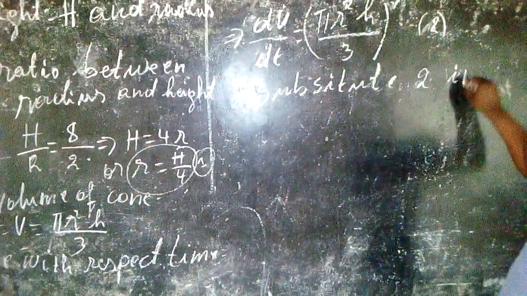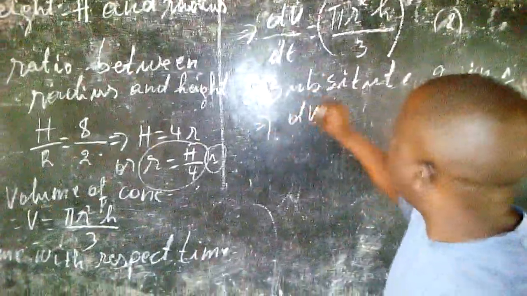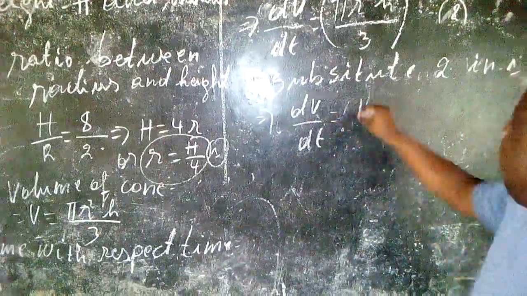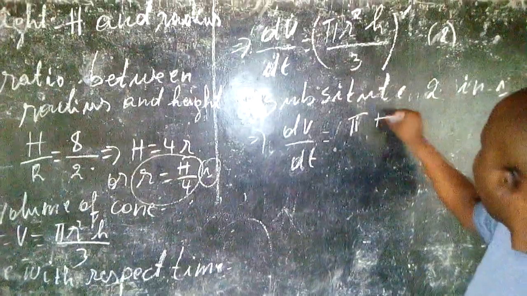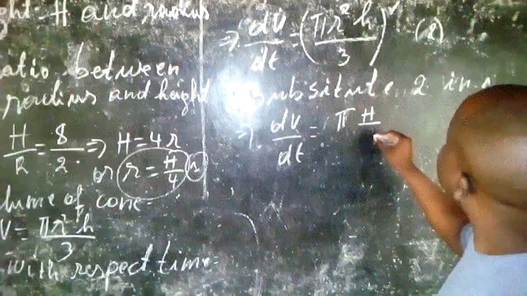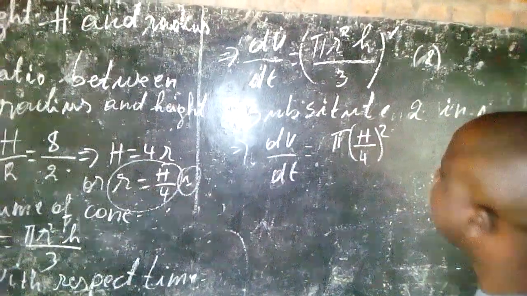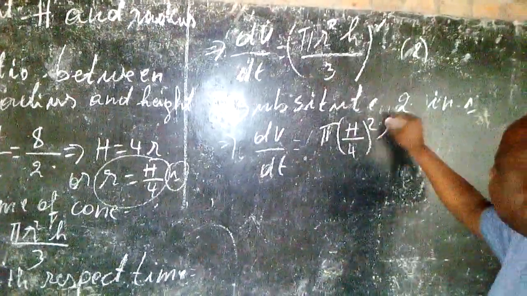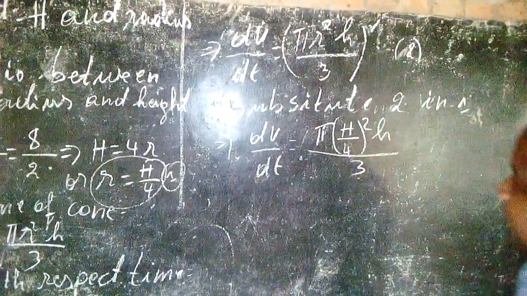So we get dV over dt, which will be equal to pi times h over 4 all square, times h, over 3.